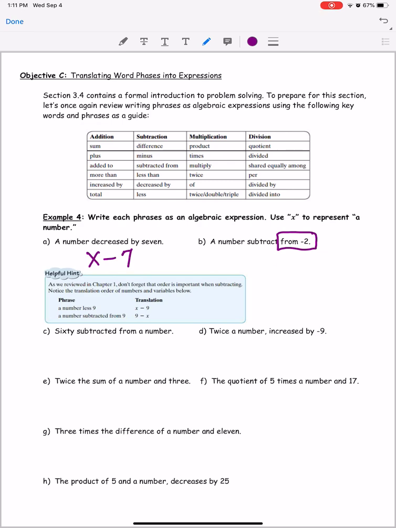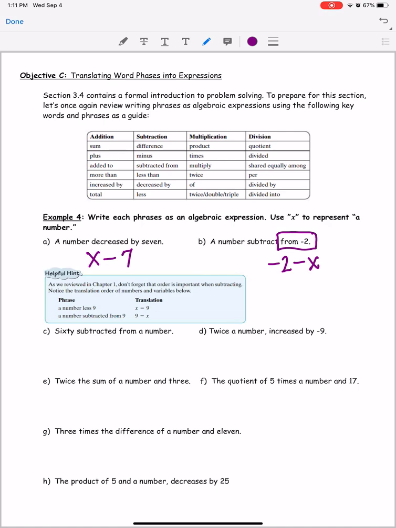So we're going to go -2, and from -2, a number has been subtracted. So we have minus x. That's what this little helpful hint right here is showing you. When it says from, you've got to start from whatever they're saying.